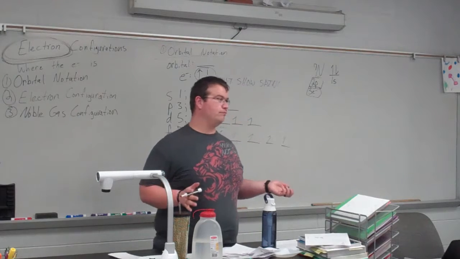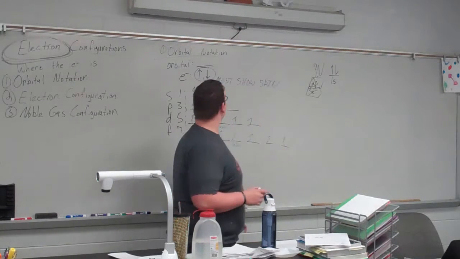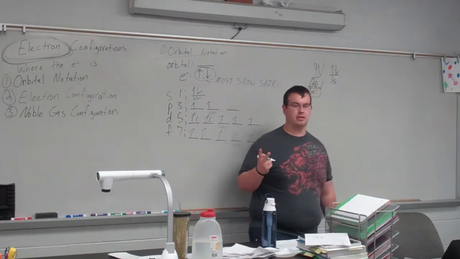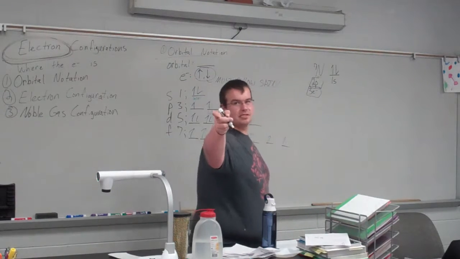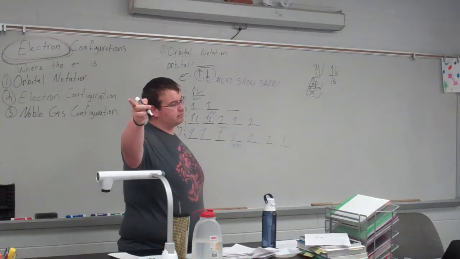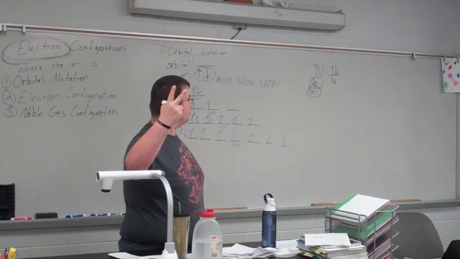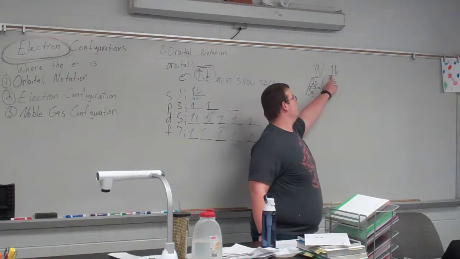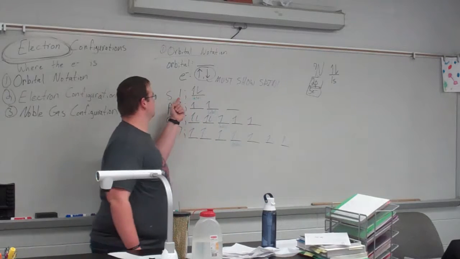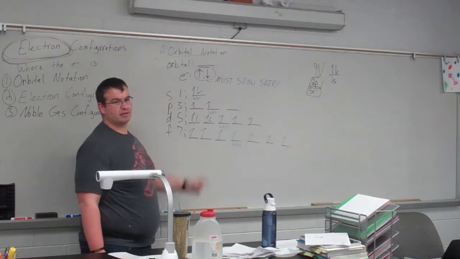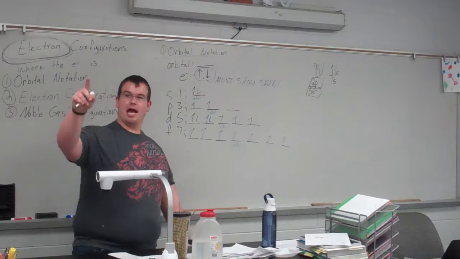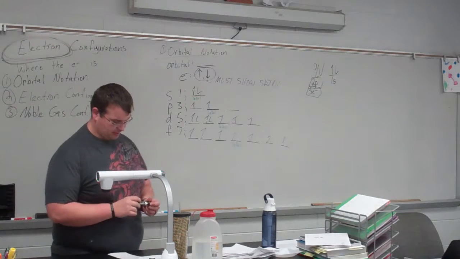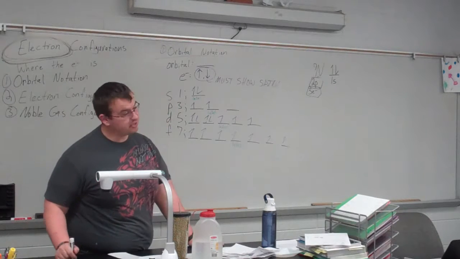Y'all want to see something cool? How many electrons do I have in here? 2. How many columns are on the periodic table for the S block? 2. How many orientations, or orbitals, does an S get? 1. How many columns for the P block? 6.